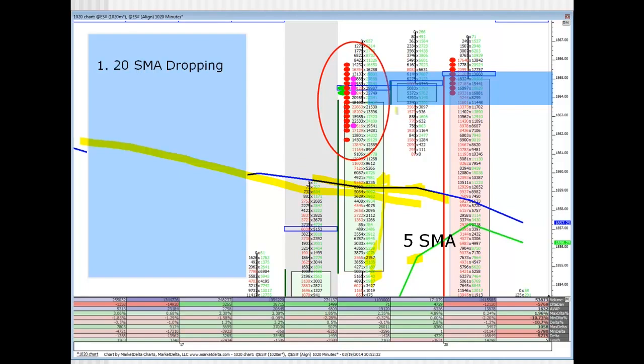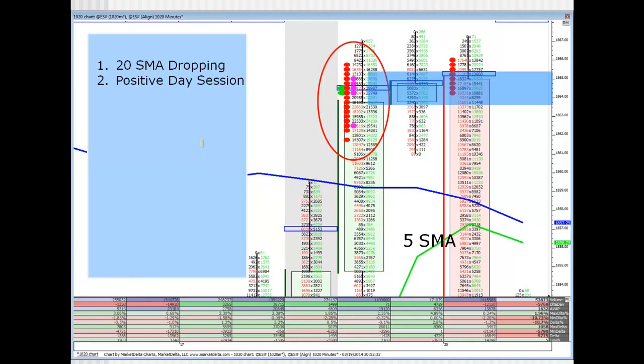Now, there are other things that we want to look at in the setup, but mind you, the most important thing that I really want to emphasize is the fact that I've brought in the settlement period as a translucent rectangle on my chart right here, because that really gives us a very important part of the setup for this strategy. We have a positive day session.